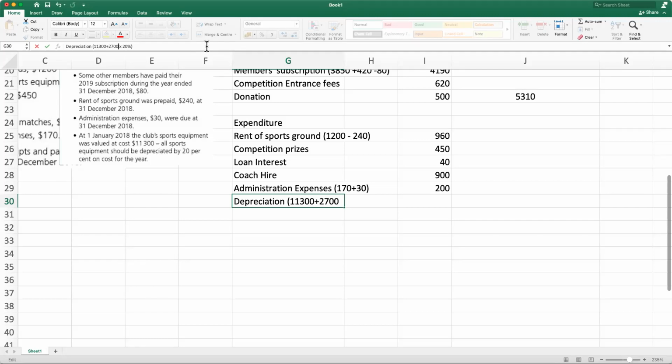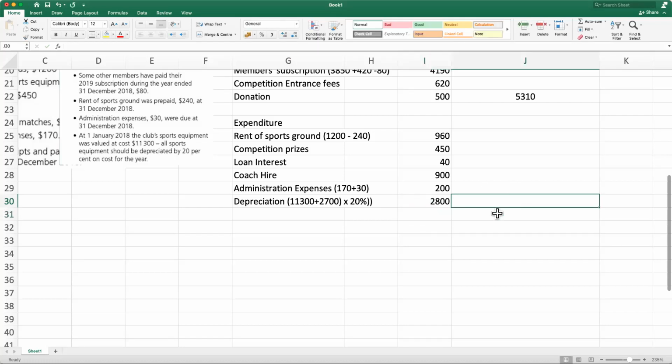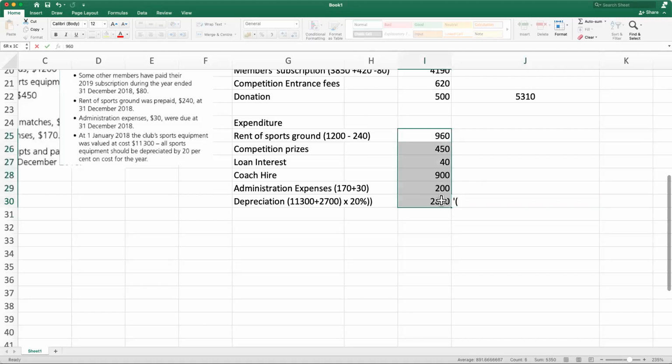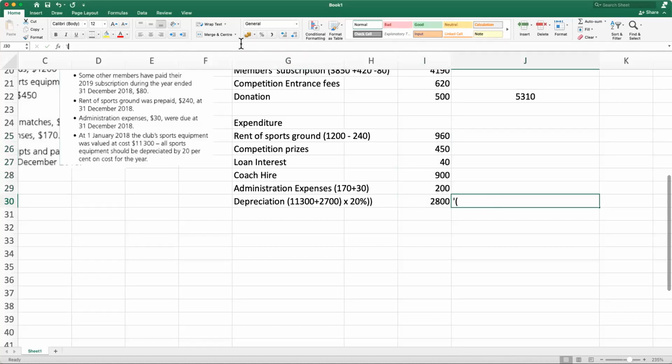You need to add 2,700 inside and multiply by 20%. So 11,300 plus 2,700 multiplied by 20%. You should get 2,800 as your depreciation. And you have to put in an amount here, in brackets, which is the total here, 5,350.